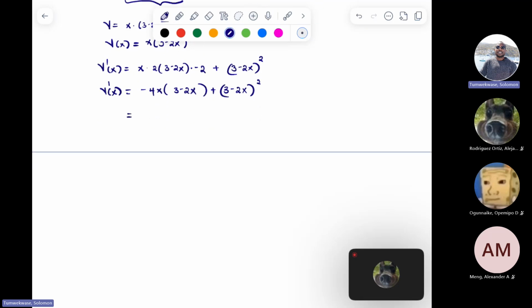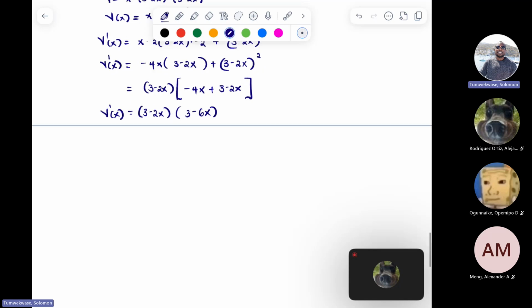I can see that I have 3 minus 2x common, so if I pull it out, I have minus 4x plus 3 minus 2x. Is that fine? I hope that is fine. So this is 3 minus 2x, then into 3 minus 6x, and that is my derivative.